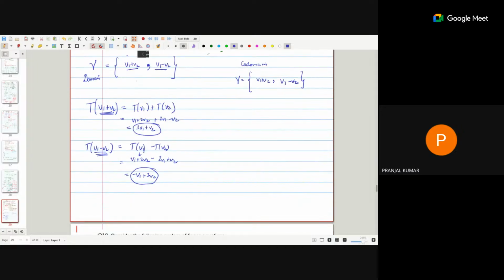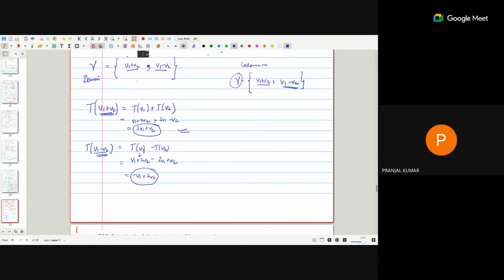Okay. Now I need to express these vectors as a linear combination of these two vectors, since they have given you that for both domain and codomain. If you are having difficulty in calculating it, you can just place A in front of V1 plus V2 and B in front of V1 minus V2, then add them and equate it on this side. You will get the equations A plus B equals 3 and A minus B equals 1.